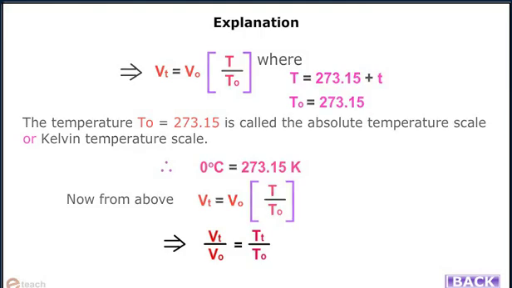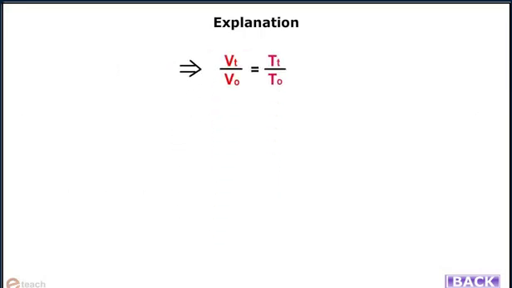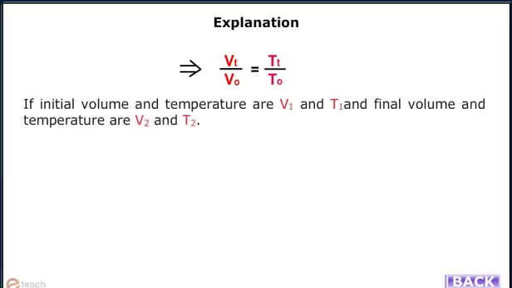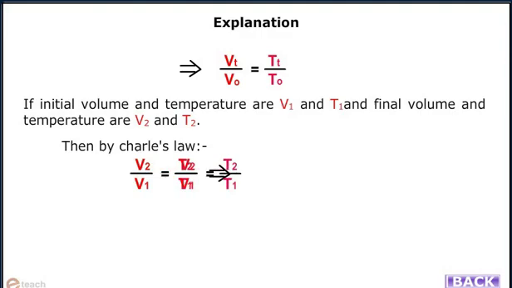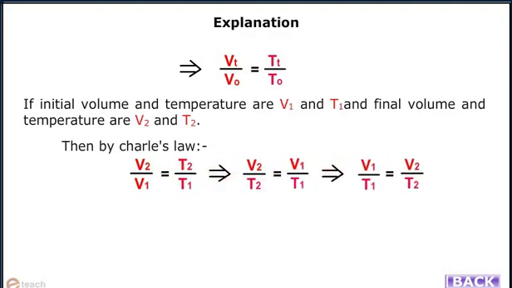This implies Vt by V0 equals T by T0. If initial volume and temperature are V1 and T1 and final volume and temperature are V2 and T2, then by Charles' law, V2 by V1 equals T2 by T1, which gives V1 by T1 equals V2 by T2.